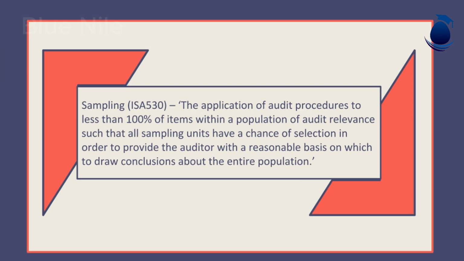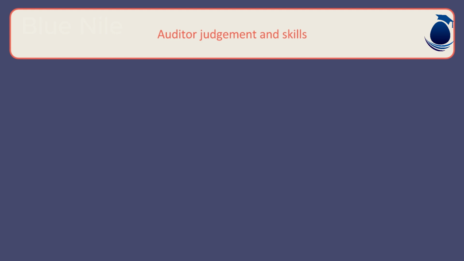Sampling is defined in ISA 530 as the application of audit procedures to less than 100% of items within a population of audit relevance, such that all sampling units have a chance of selection in order to provide the auditor with a reasonable basis on which to draw conclusions about the entire population. This requires auditor judgment and skill.